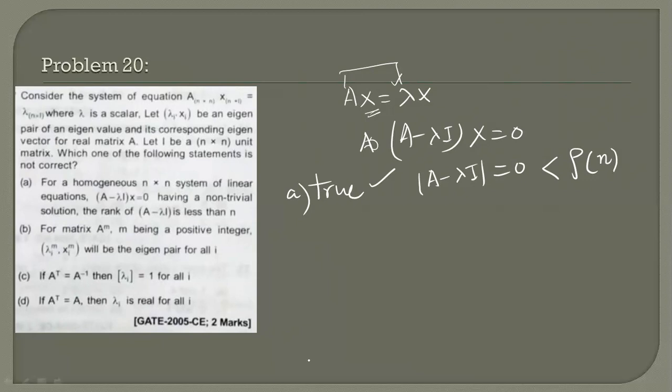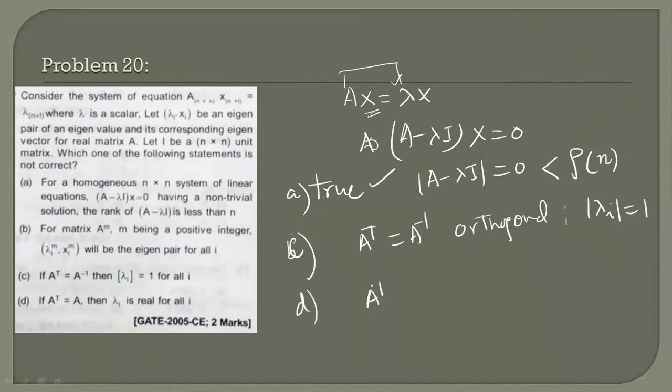You can see lecture 10 based on homogeneous systems. Let's see the option: A transpose equal to A inverse. This is the definition of an orthogonal matrix. It means in the case of an orthogonal matrix, the modulus value of every eigenvalue is 1. You can see lecture 11 where I have discussed this.